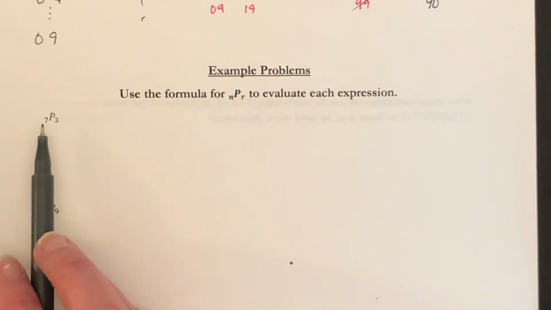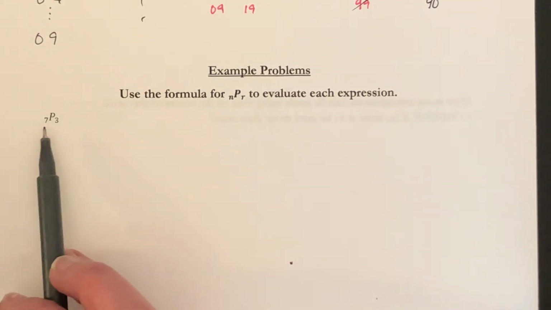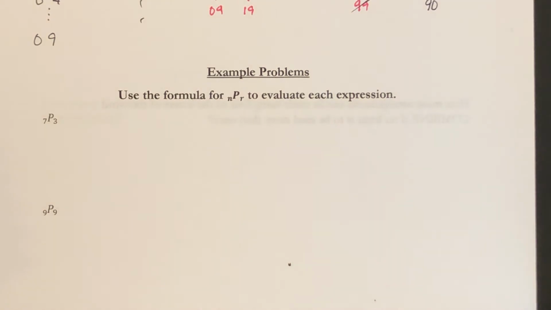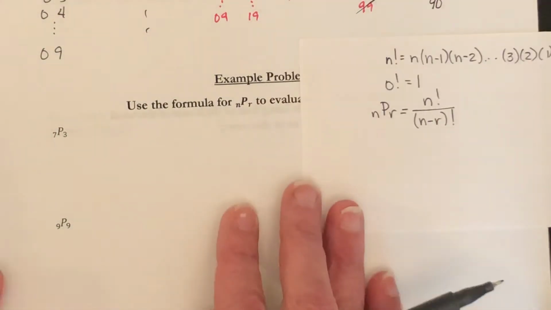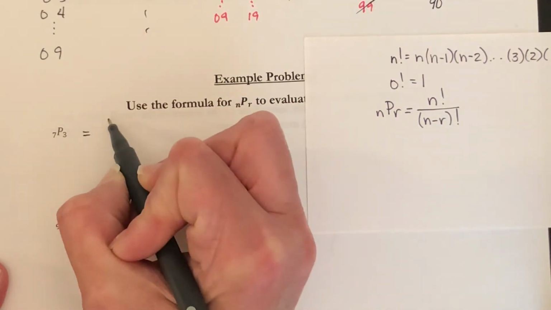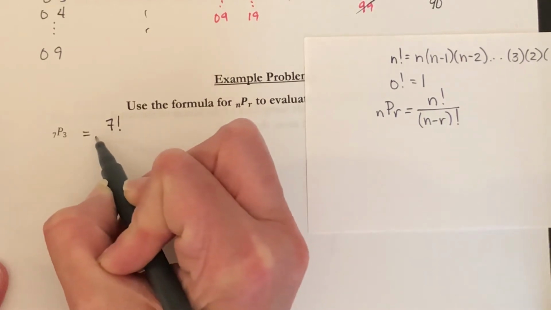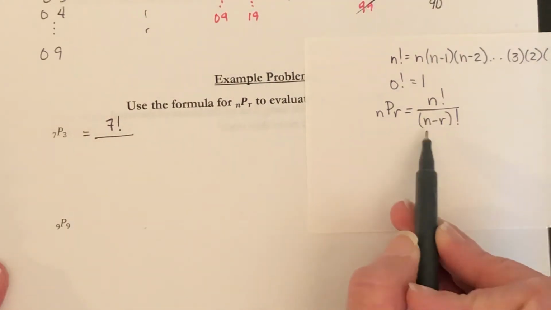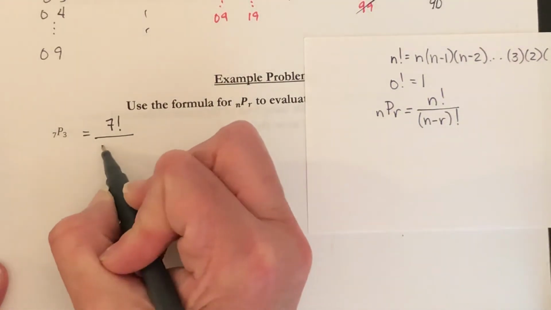I want to find the number of permutations of 7 items taken 3 at a time. I'm simply going to plug into the formula, and then I'll plug it into my calculator and show you how that works. Okay, so the formula, my n is 7, so this is 7 factorial over 7 minus 3 factorial.